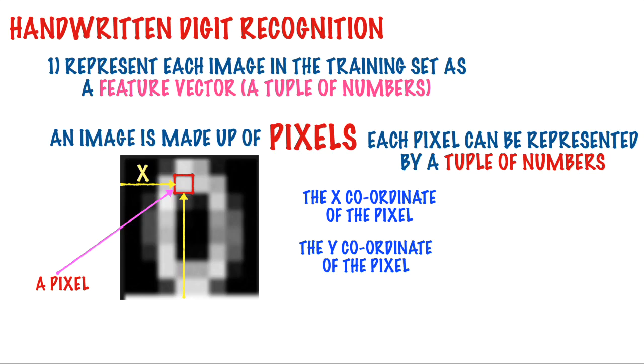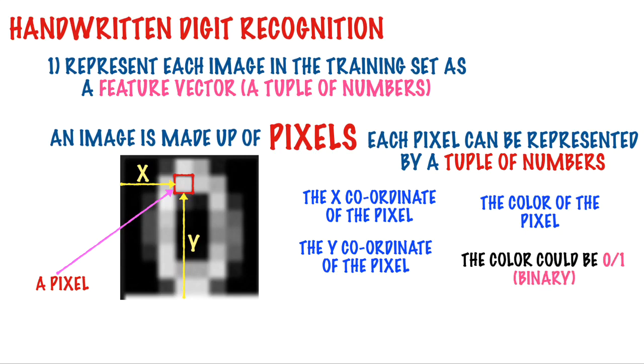This is, say, how far away it is from the bottom edge. Then you have the color of the pixel. If your picture is just black and white, that is, each pixel can take either a black color or a white color, then this color could be represented by a bit. Either it is 0 or 1. So it's a binary number. These three numbers together could represent a pixel, and all the pixels together could represent an image.